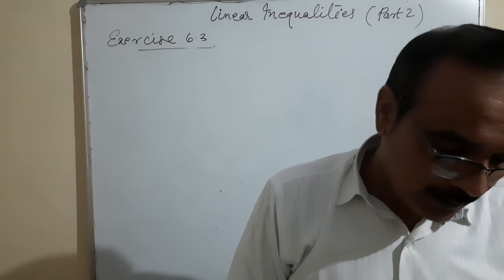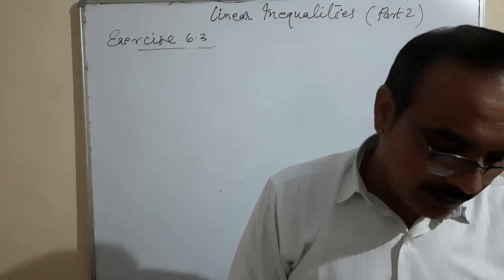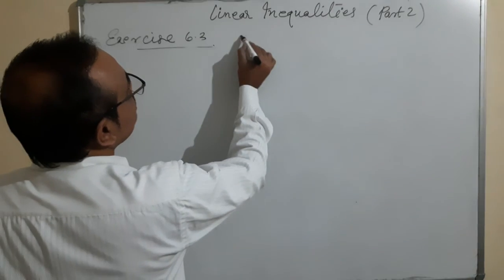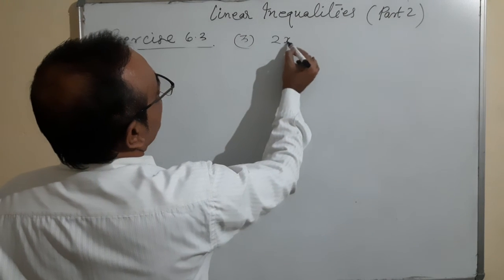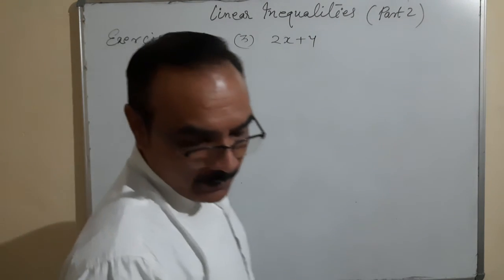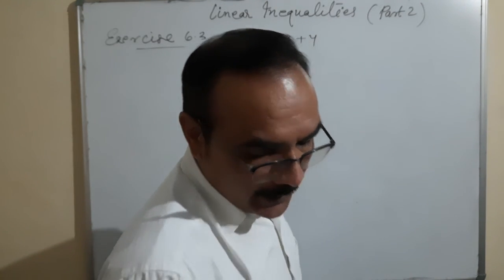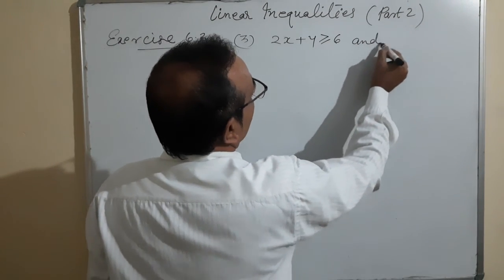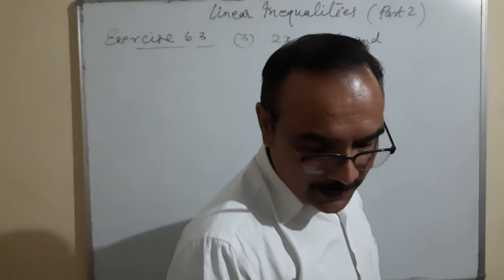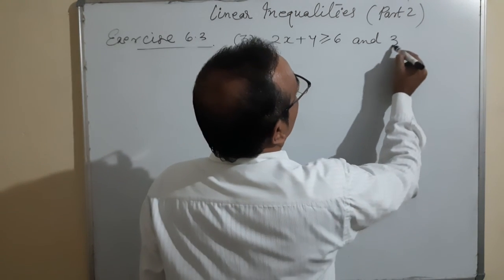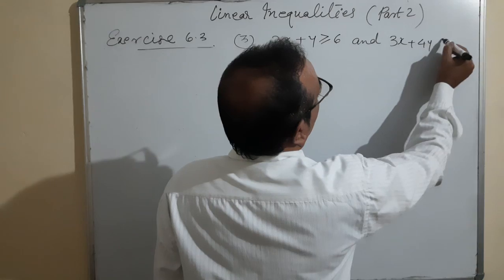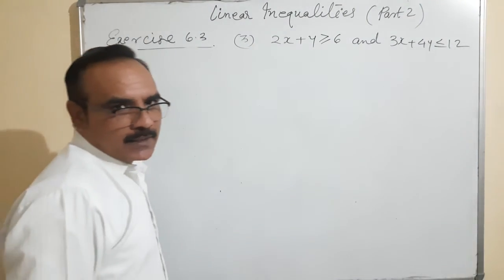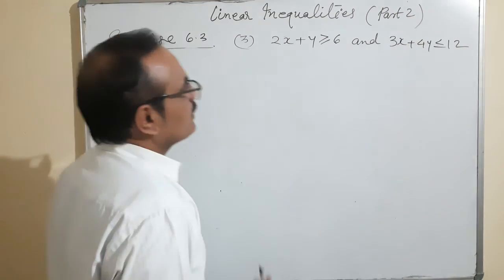Okay, 2x plus y is greater or equal to 6, and 3x plus 4y is less or equal to 12. Okay. Same procedure, I think you have remembered the working rule now.